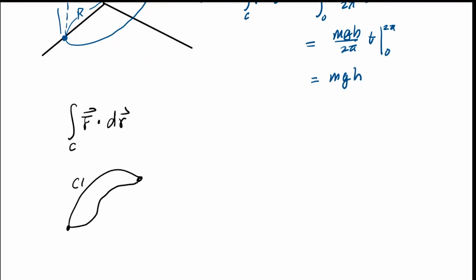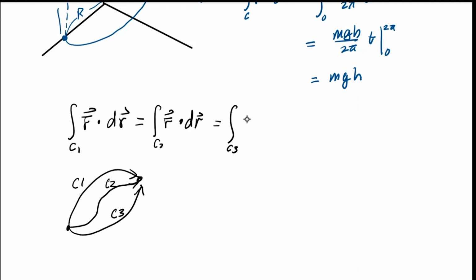Let's say this is C2. And then let's say that's C3. Just like the case that we saw, this is C1, C2, F dot dr, same vector field all over the place. We're just taking three different paths, and if they turn out to be the same thing, this is saying independent of the path.